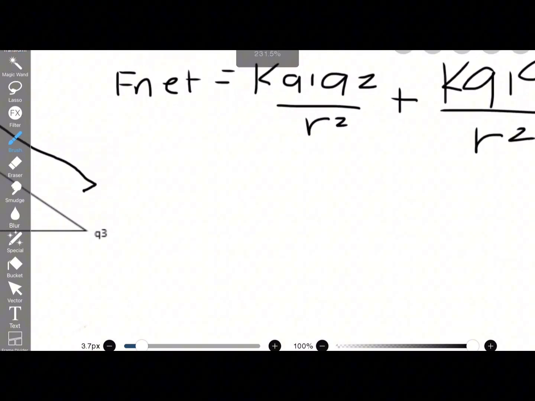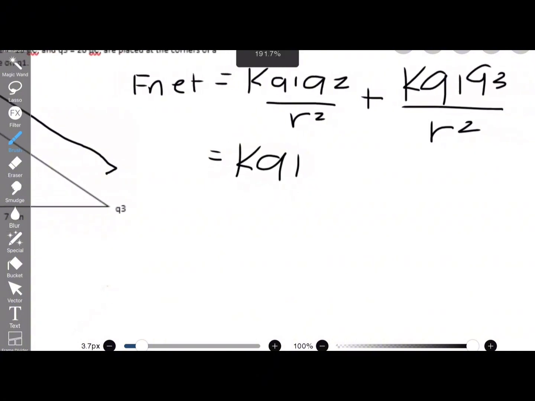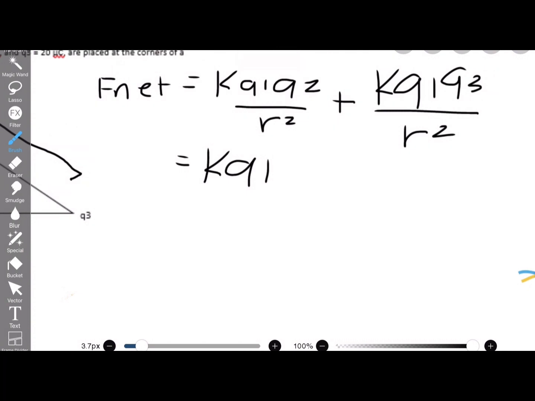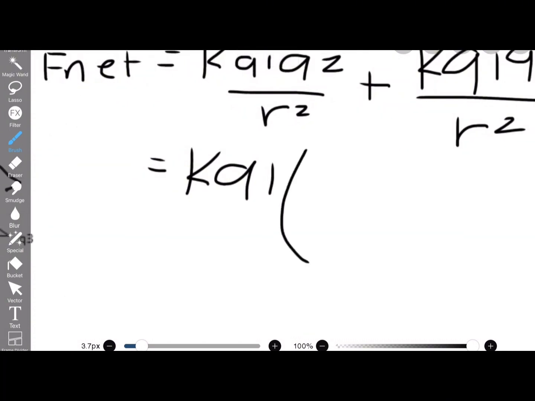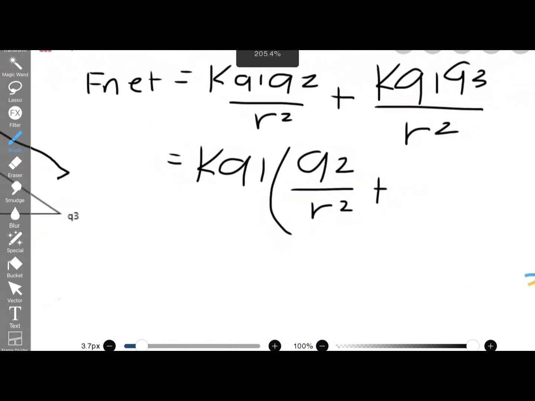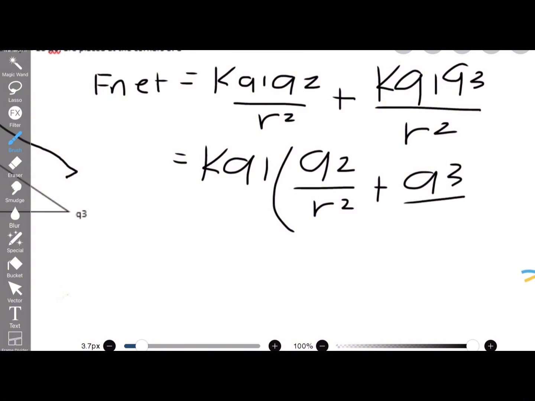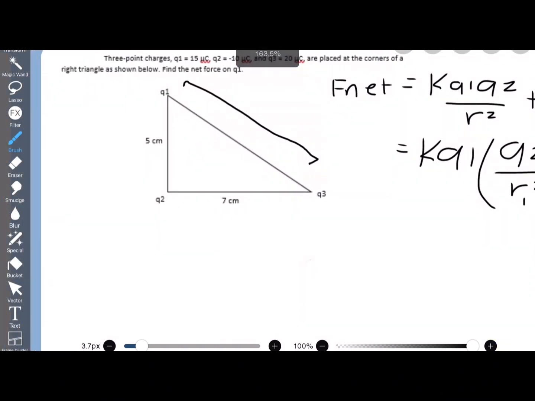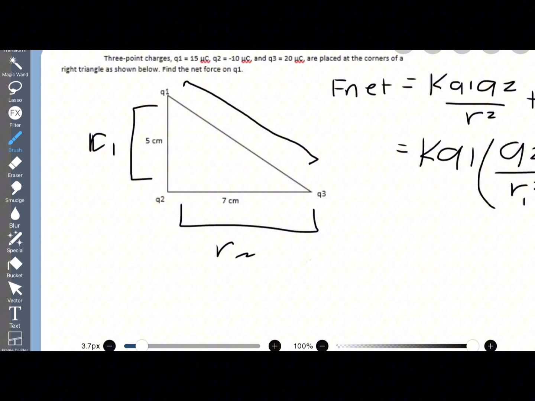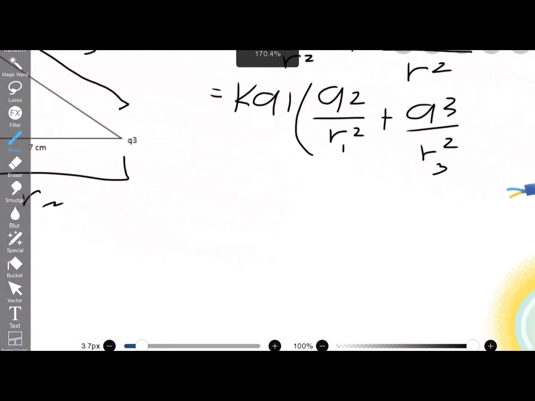So KQ1, as they are the primary factor within this very equation, times Q2 over R squared plus Q3 over R squared. I forgot R1 and R3. Again, according to our given, this is our R1. Whoops, R1. This is our R2. And this is our R3.